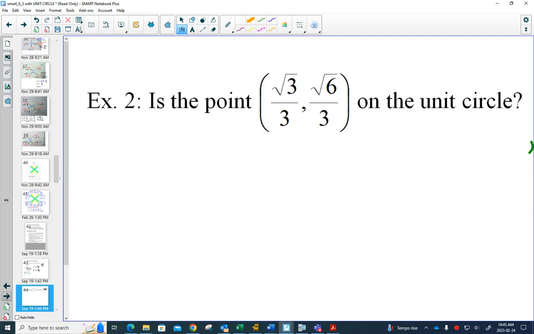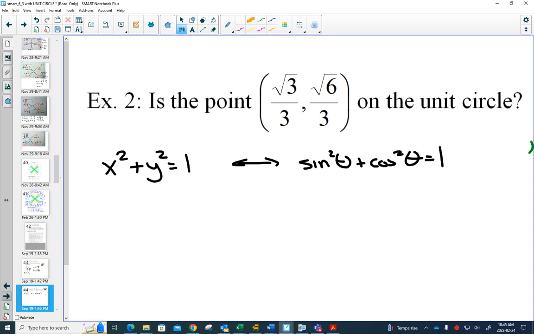Well, here we can use our big idea as well, or the equation of the unit circle. So the unit circle's equation is x squared plus y squared equals 1. This is the same as the big idea that sine squared theta plus cos squared theta is always equal to 1.